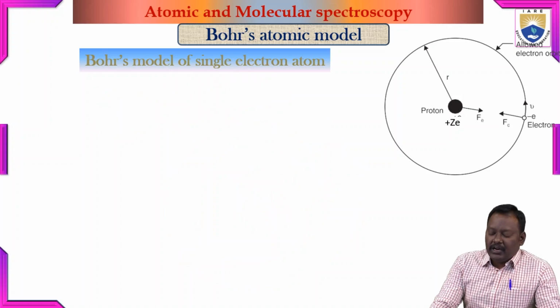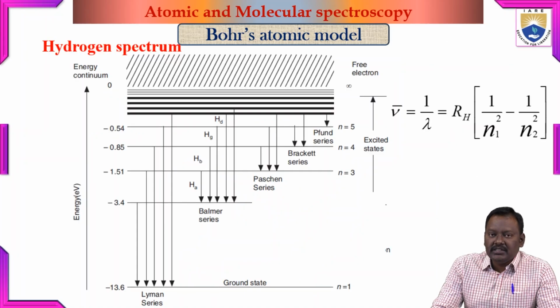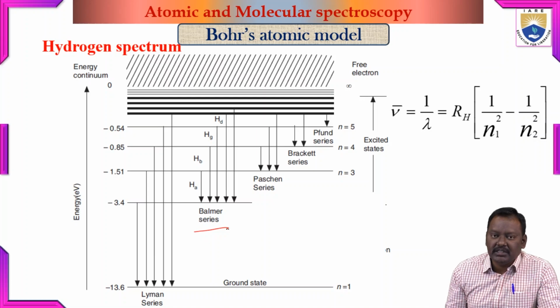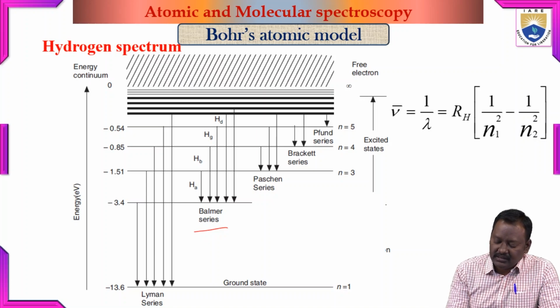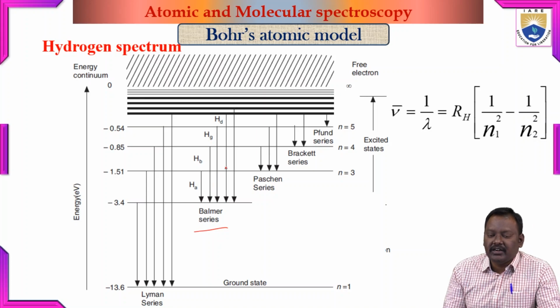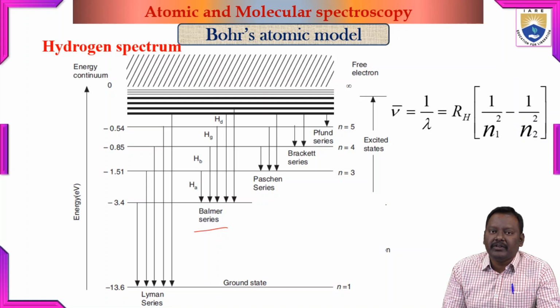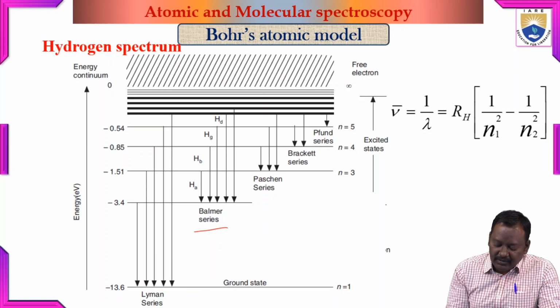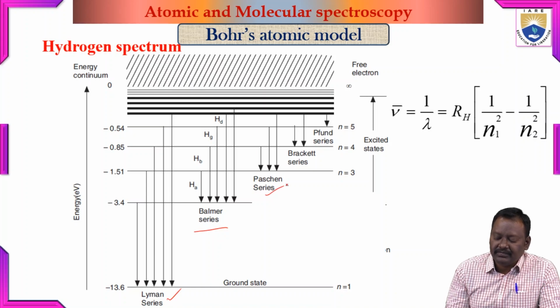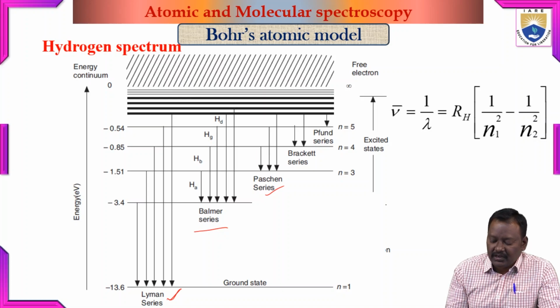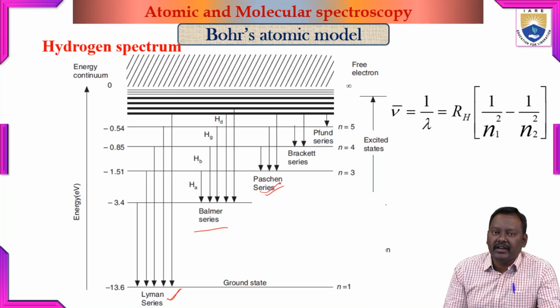In this way, we observe these series in the visible region, the Balmer series, at different wavelengths, H alpha, H beta, H gamma and H delta lines. All these lines are due to the emission of light when the atom jumps from a higher orbit to different lower orbits. Again, the Lyman series is in the UV region, and the Paschen series lines are in the IR.